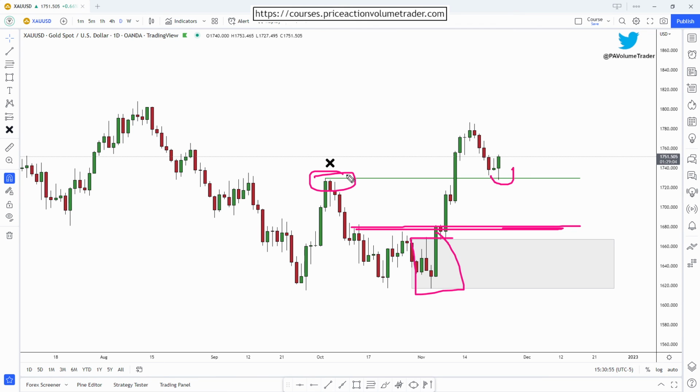You can see we are bouncing off of the top of the broken swing level, but there's potential for this to come down and retest this previous resistance, now potentially support, or go deeper down into the last cluster that started the whole up move that broke the previous swing high. And our clear invalidation would be right below this cluster that caused the gap up.